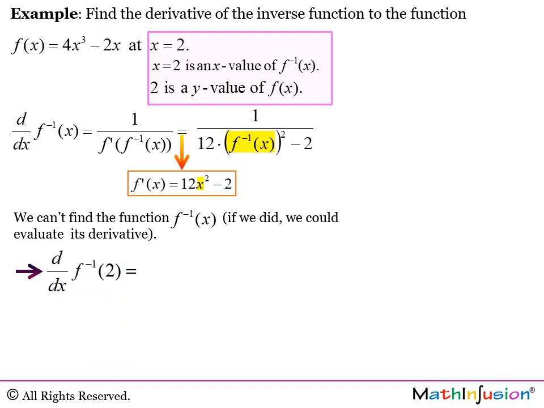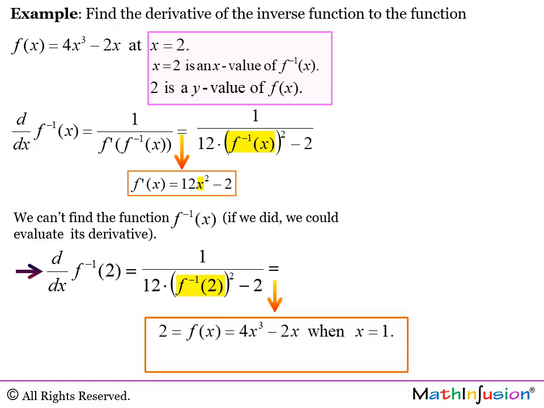This is a different story, because now I know that I have to substitute 2 instead of the x, and I get that. But now I have to find out what is the value of the inverse function at x equals 2. When x equals 2 in the inverse function, then we know that 2 is the y value of f(x), so 2 equals f(x), which is x cubed minus 2x.